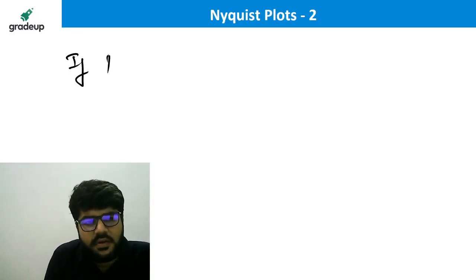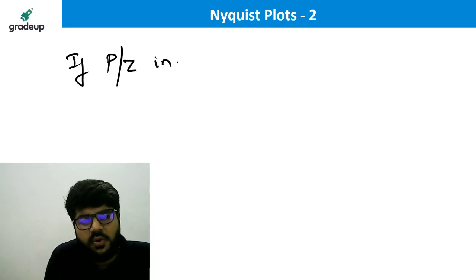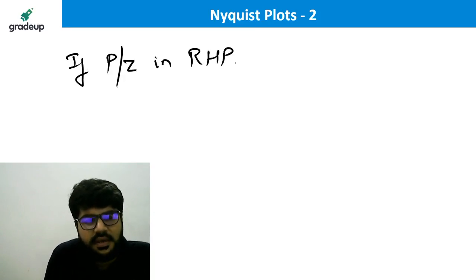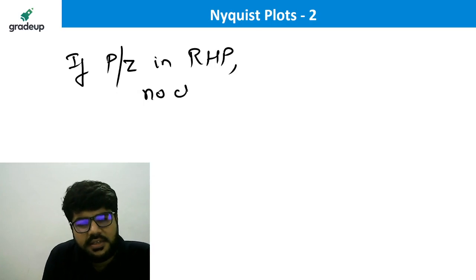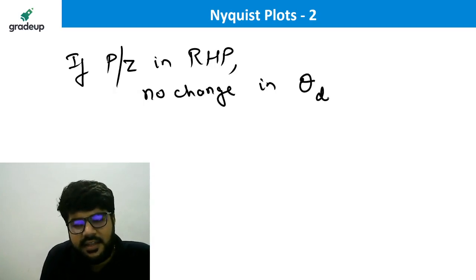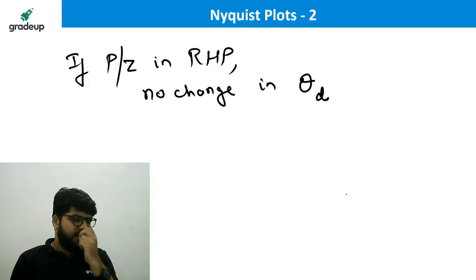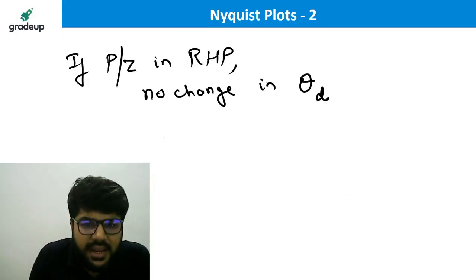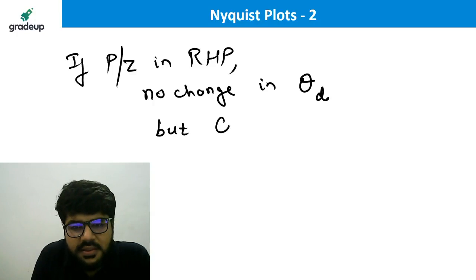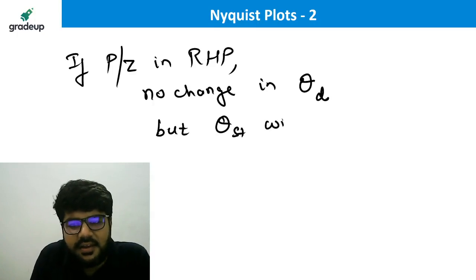If a pole or zero is in RHP, there is no change in theta d. There will be no change in the diving angle. But theta st, the starting angle, will change.